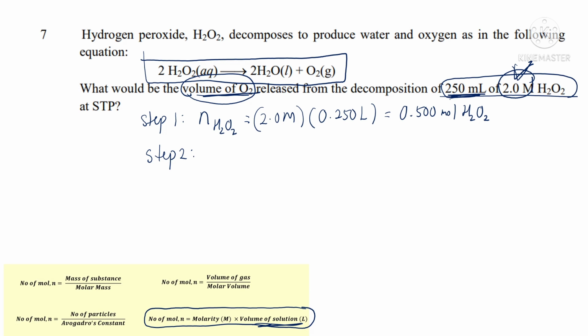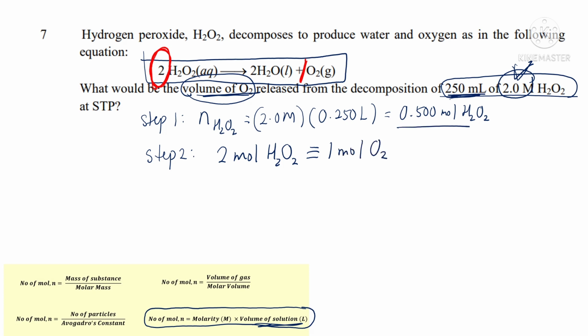From the chemical equation, we can see that 2 moles of hydrogen peroxide decompose to produce 1 mole of oxygen gas. So 2 moles of hydrogen peroxide will produce 1 mole of oxygen.